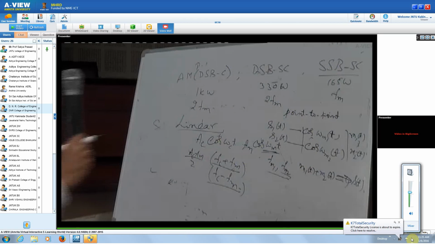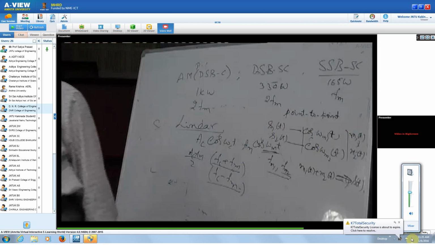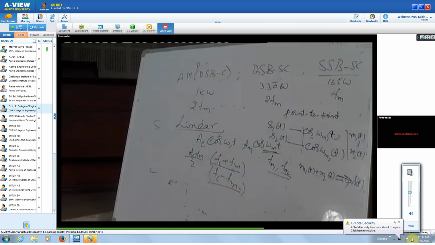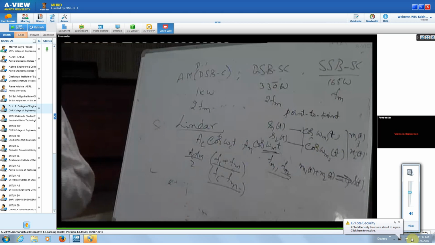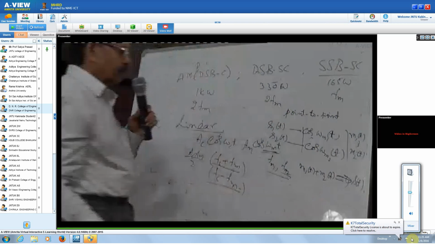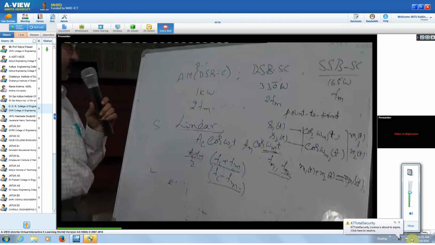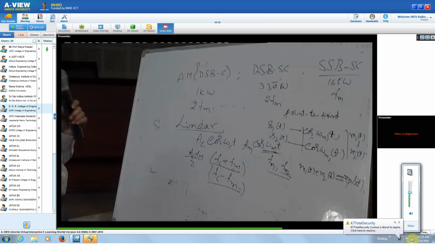But because the spectral lines have a linear variation, we call this a linear modulation technique. All the amplitude modulation techniques we call linear modulation techniques. So this is the comparison between the different AM modulation techniques and how they are affected by noise or fading.